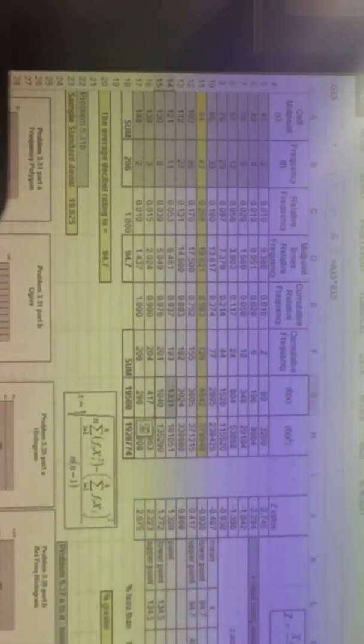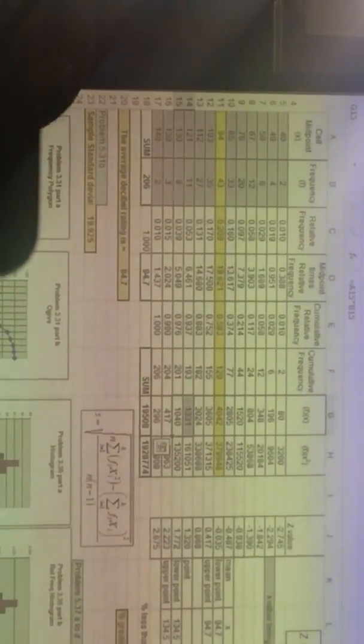So I go back to where I was, 19, I believe. I'm going to copy that, and I'm going to paste this formula up here.